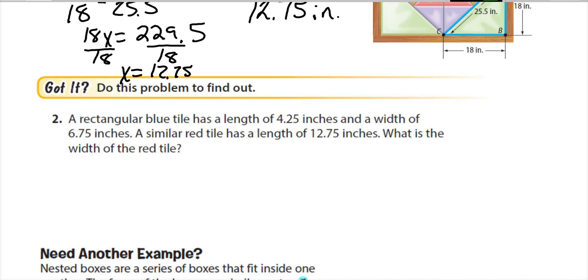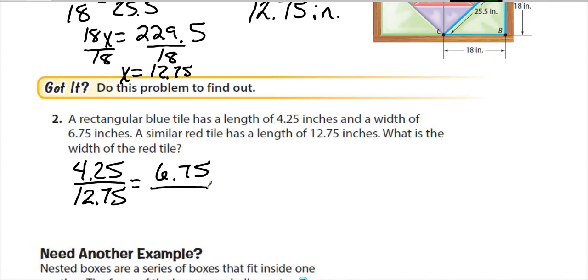What's the width of the red tile? All right, so we have widths and lengths. So we have a length of 4.25 on the first one. And then the length on the second one is 12.75. It says a width of 6.75 for the first one. And then an unknown width of the red tile. So that's going to be our W.